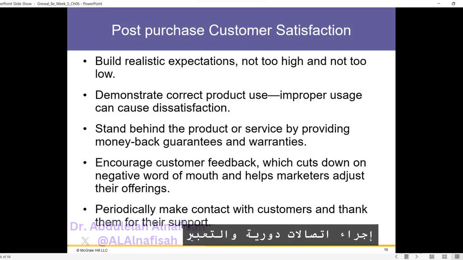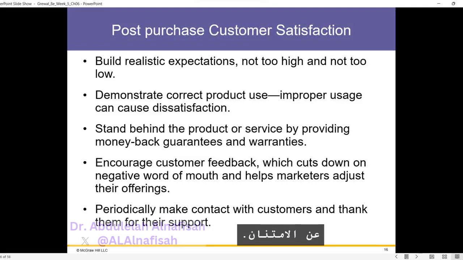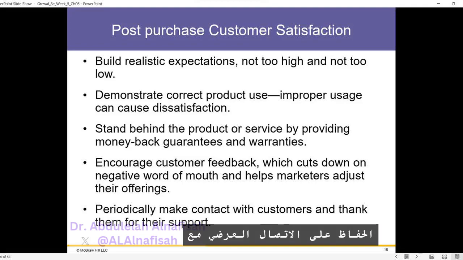Make periodic contact and express gratitude. Maintaining occasional contact with customers and expressing gratitude for their support helps foster a positive relationship. This contact serves as a reminder that the marketer values the customer's business and satisfaction.